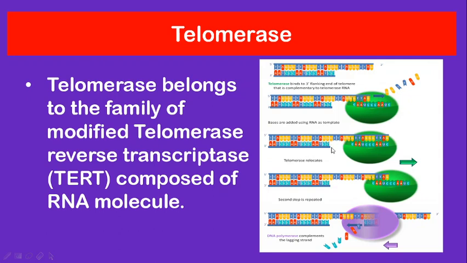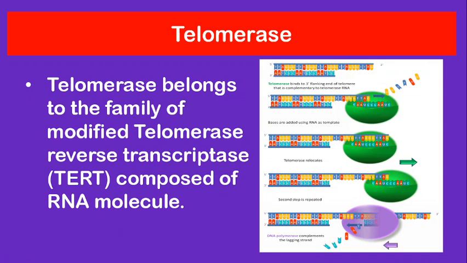For each Okazaki fragment, the lagging strand has many primers. Due to the removal of these RNA primers, 8 to 12 nucleotides will be lost at the chromosome ends. So shortening of the DNA will occur in the lagging strand.